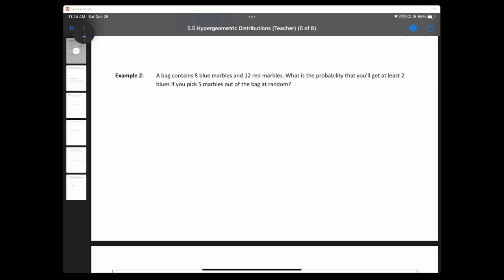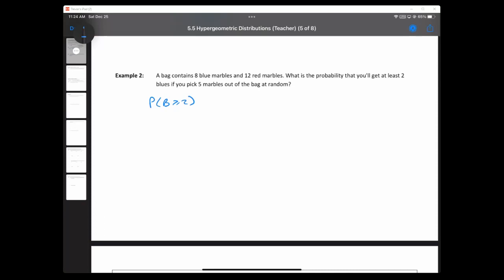So what is the probability that we get at least 2 blues if we pick 5 out of the bag? So the probability that blue is greater than or equal to 2. And as soon as I see "greater," or "at least" in this case, or "at most," or any of those words, it tells me that I'm probably going to have to look at a couple of cases.